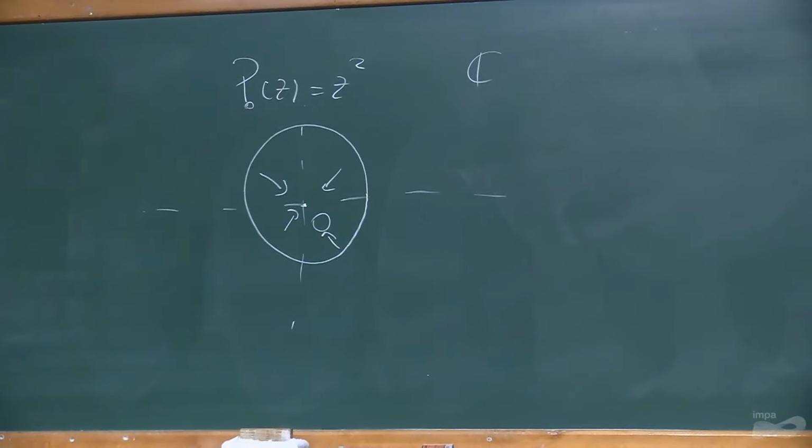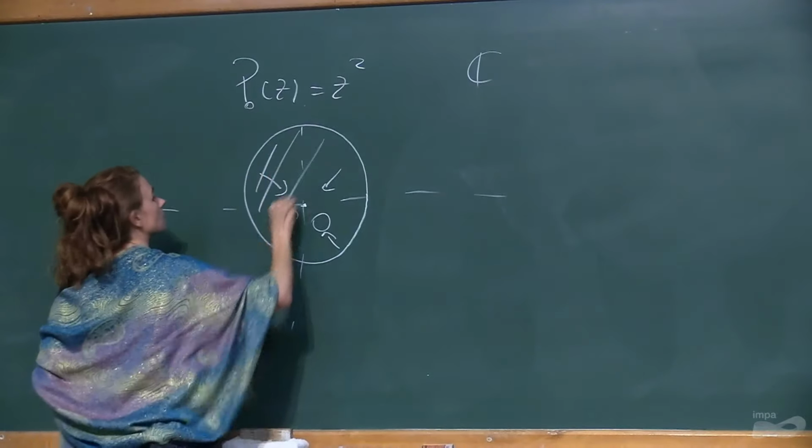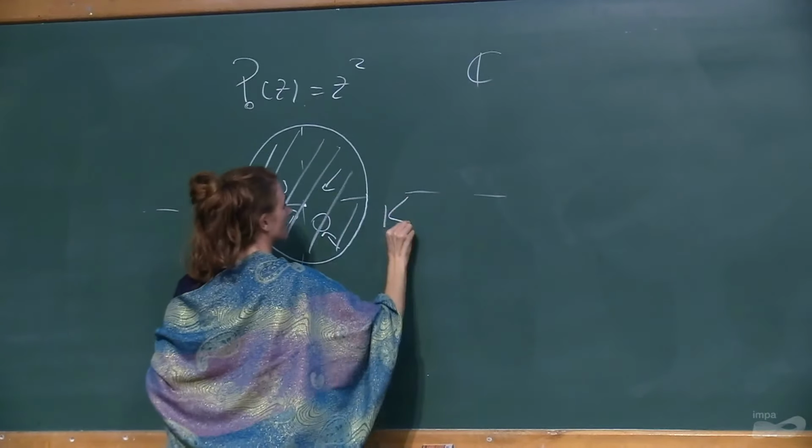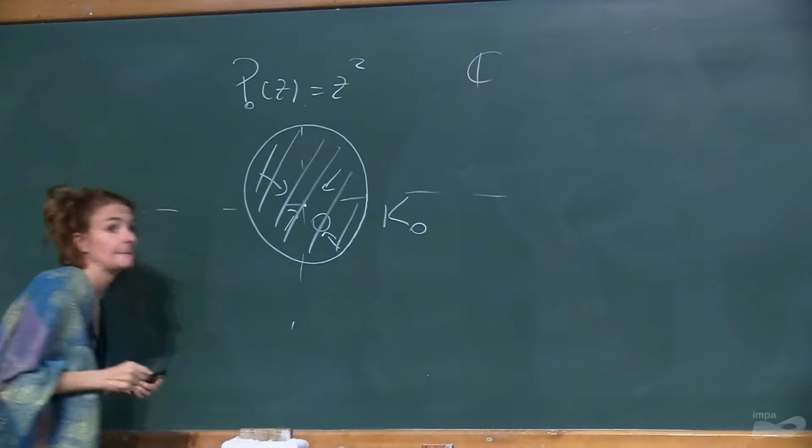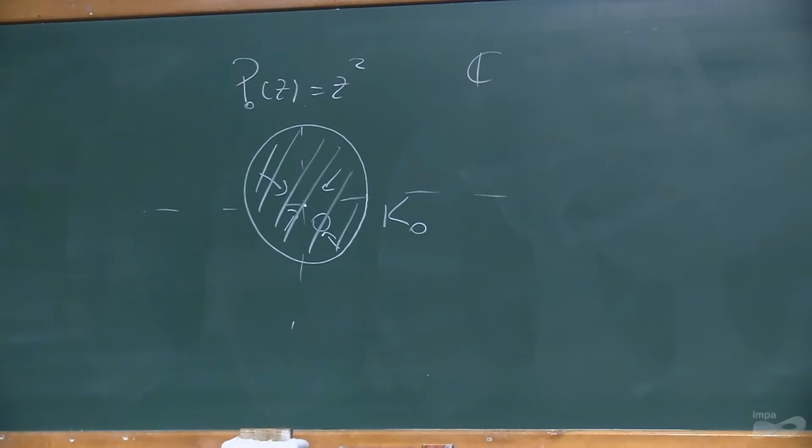It's the filled Julia set, K_0. And we define the Julia set as the common boundary between the basin of attraction of infinity and the filled Julia set.